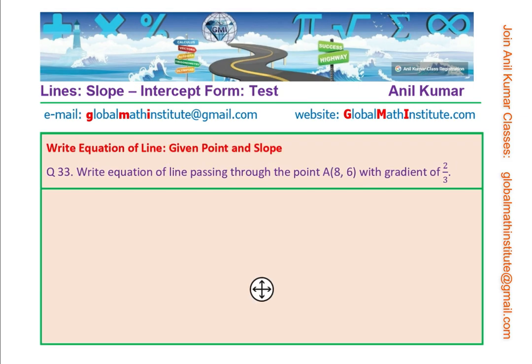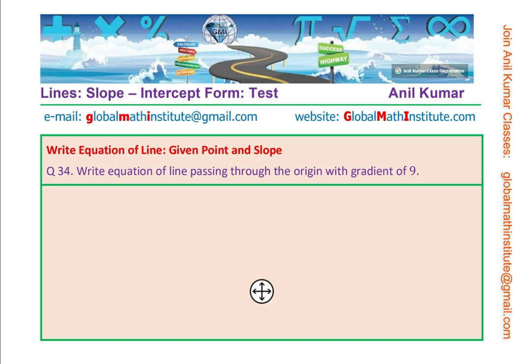Similarly, we have question number 33. Given the point and the slope, find the equation of the line. So that is the point and this is the slope. Question 34. Given the point and the slope, find the equation of the line, correct? So we have few practice questions based on this concept.